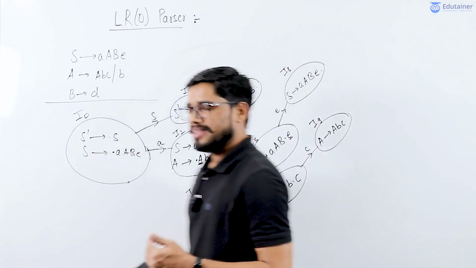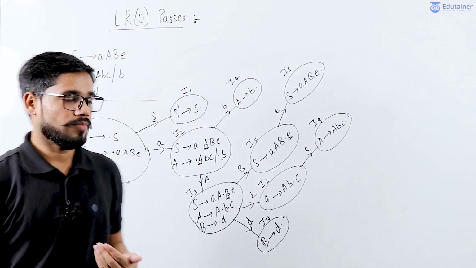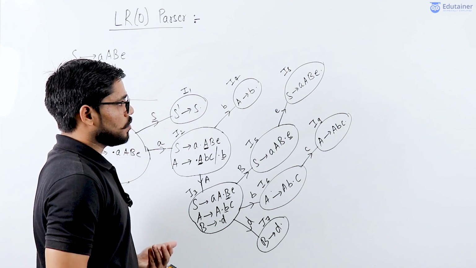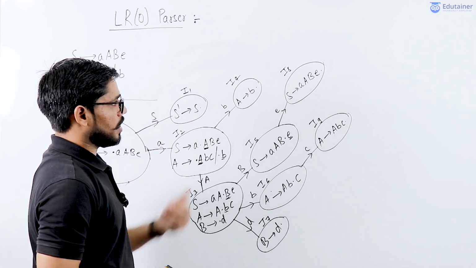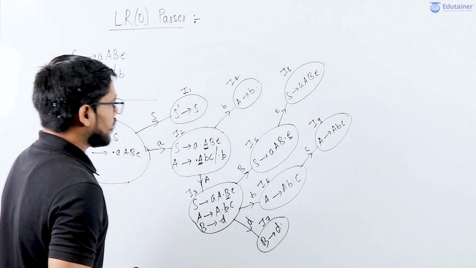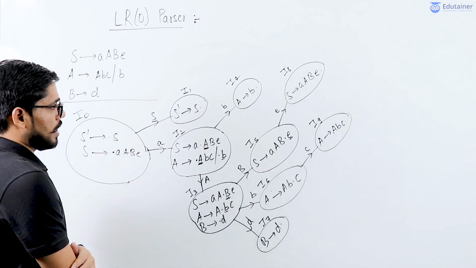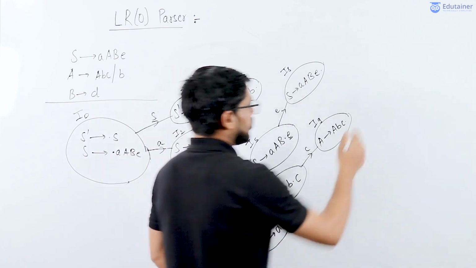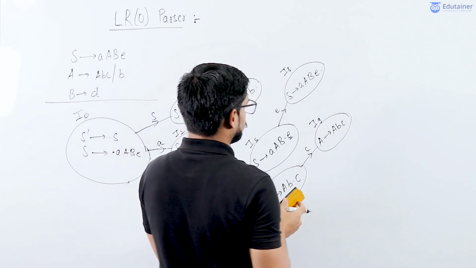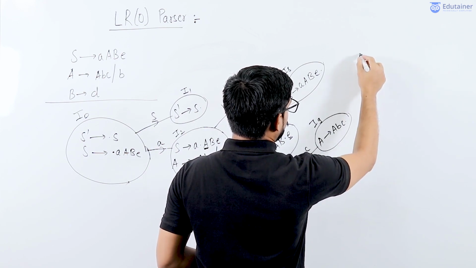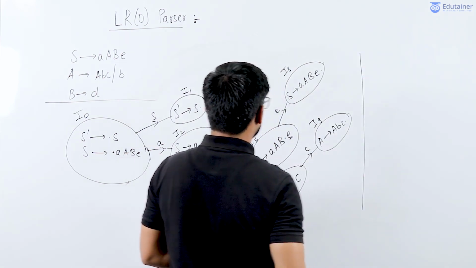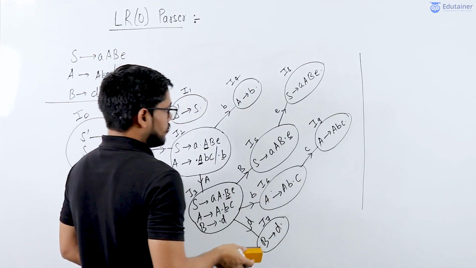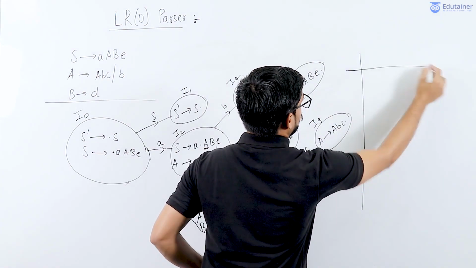Now after constructing the canonical collection of LR0 items, we need to construct the LR0 parsing table. So the LR0 parsing table requires the canonical collection of LR0 items. Okay, so how can we construct the canonical LR0 parsing table? I will draw a table here. Let me erase this portion first.